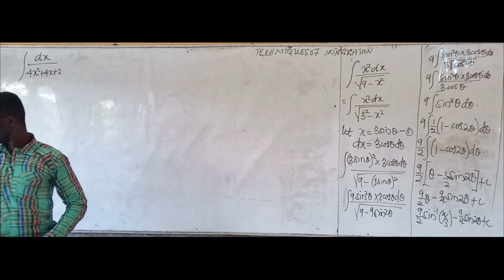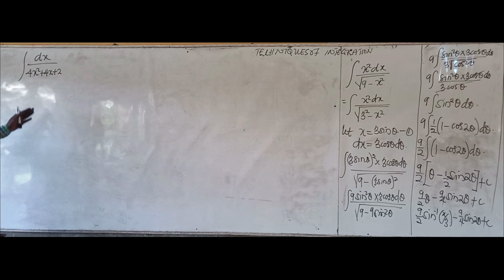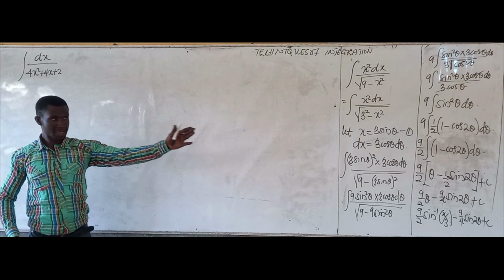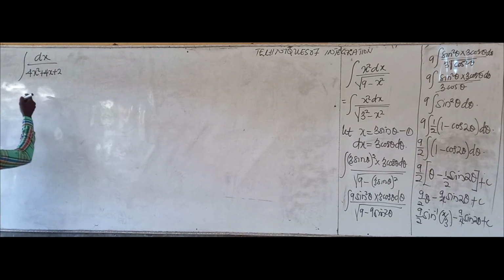This follows some of the techniques I've explained. If you have this, you pick the denominator and complete the square. So 4x squared plus 4x plus 2.